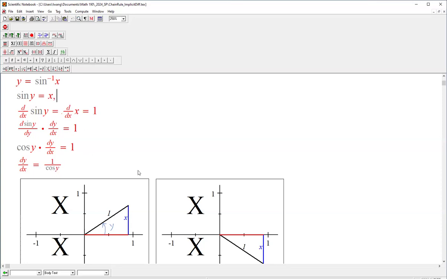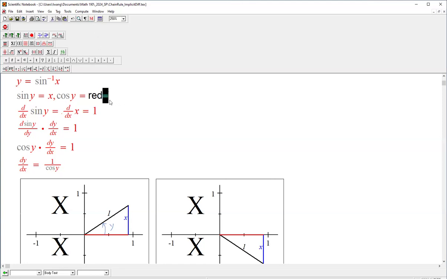Cosine y is the red line, which is the adjacent side of y divided by the hypotenuse. The hypotenuse equals 1, so cosine y is equal to the length of the red. And what is the red equal to?